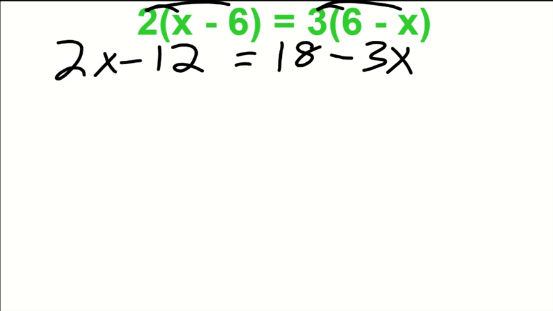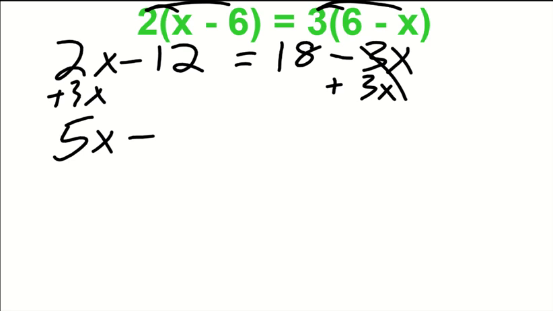All right, so now we move the variable. Which variable am I moving, the 2x or the minus 3x? The minus 3x. If we have a negative, we're going to move that. So we go plus 3x. Cancels. 2x plus 3x is 5x minus 12. We solve. We start doing opposite.